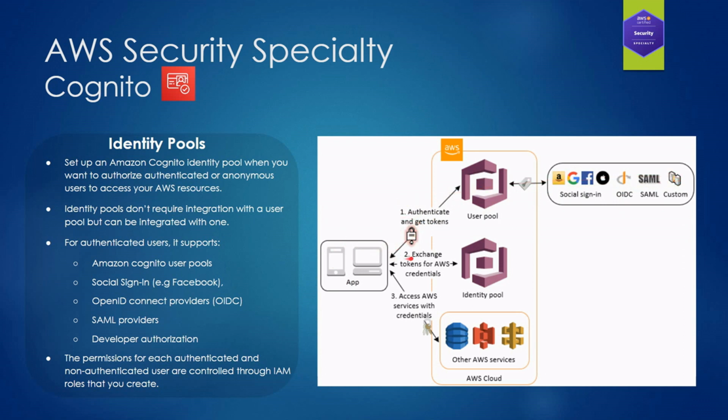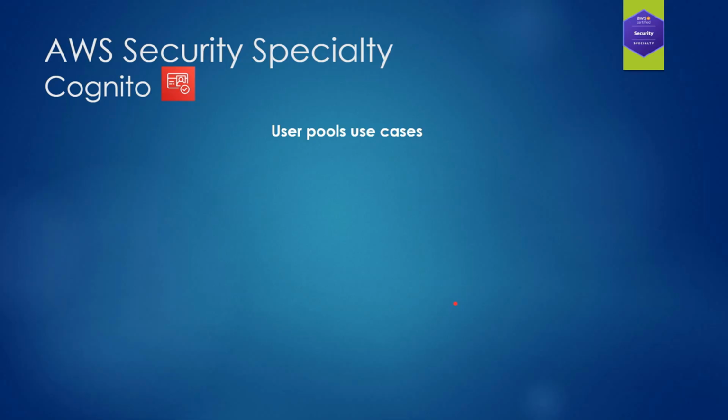Then with those tokens, the user or the app would exchange the tokens for AWS credentials through STS, as we just saw. And then with those credentials, the application would be able to interact with services like, for example, DynamoDB, S3, or others.